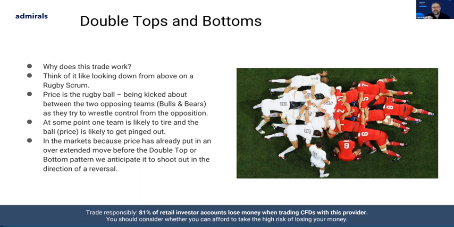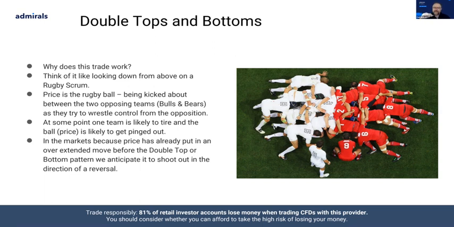In this particular case, when it comes to trading, the two teams are the bulls, the people who will go long, and the bears, the people who want to go short. What they're trying to do is wrestle control of the price action from the opposition.